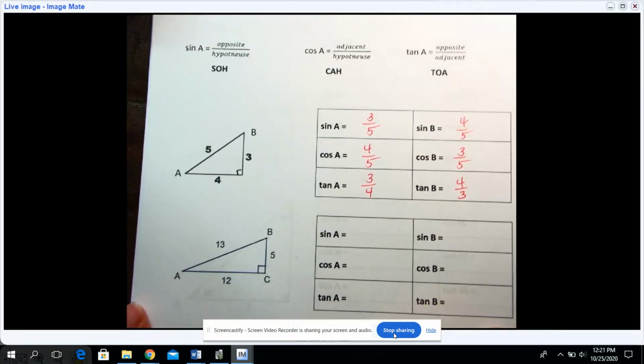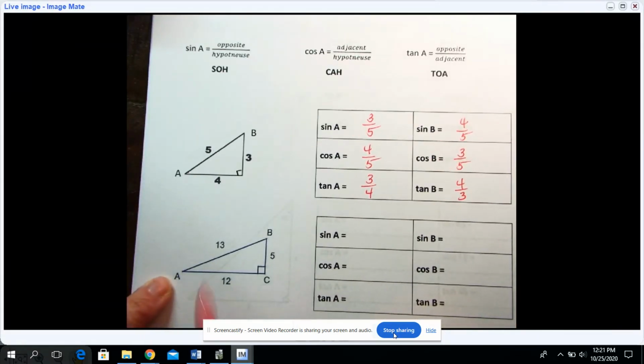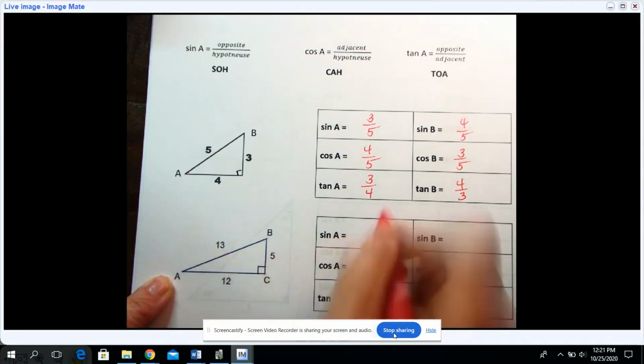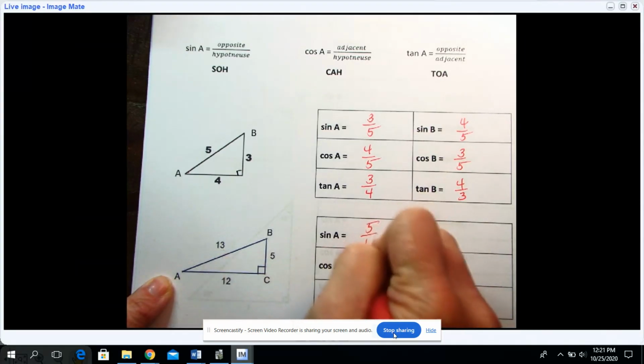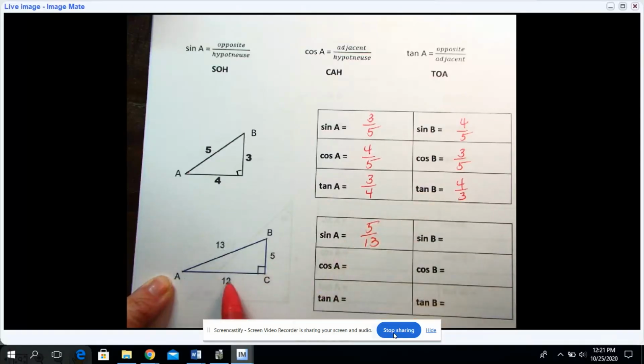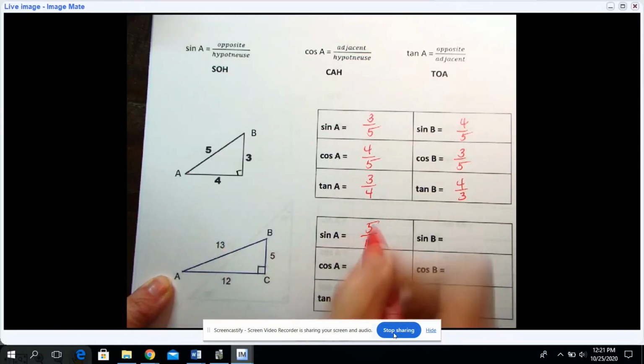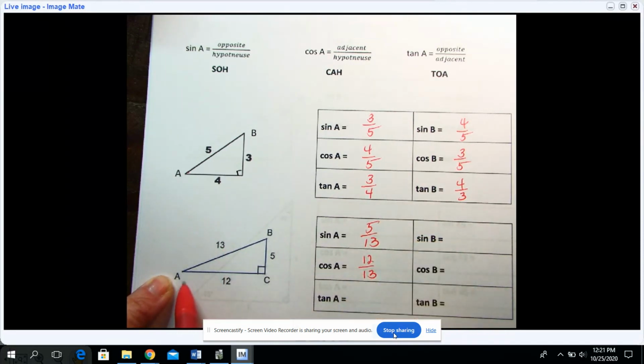Looking at this one, angle A again, the sine of A is opposite over hypotenuse, so 5 over 13. The cosine is adjacent over hypotenuse, which is 12 over 13. And the tangent of angle A is opposite over adjacent, which is 5 over 12.